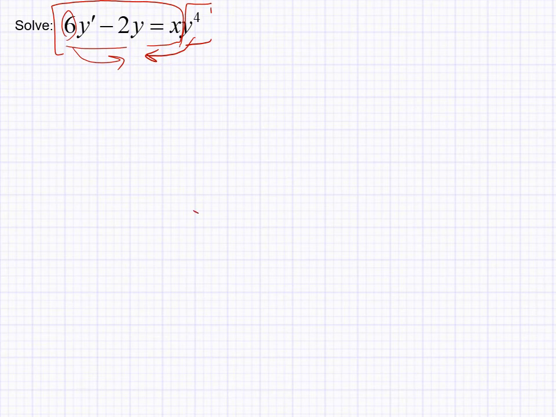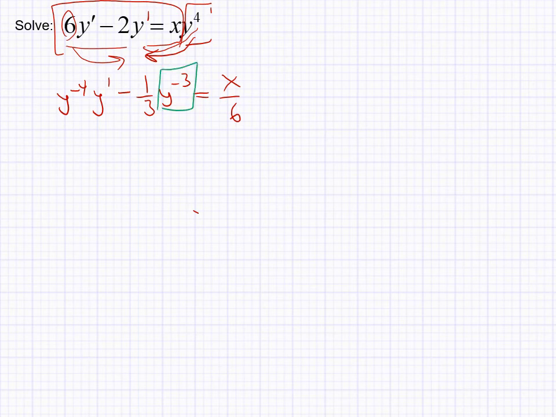So we're going to have y to the negative 4 y prime, you can also write that as dy/dx if you want, minus 1/3 y to the negative 3 equals x over 6. So again, it's just dividing by the 6 and dividing by the y to the fourth. If this is y to the first divided by y to the fourth, you get y to the negative 3. Well, that right there is my substitution.